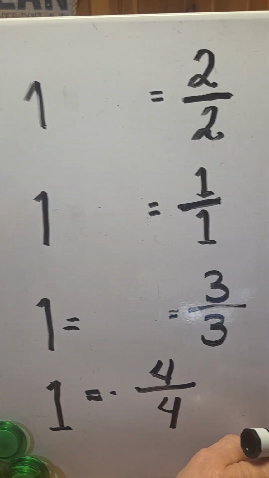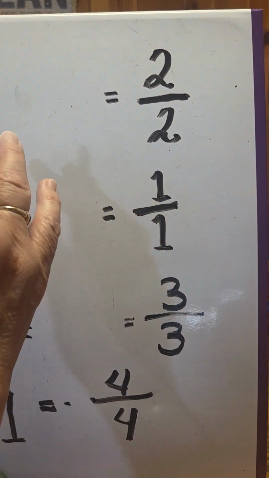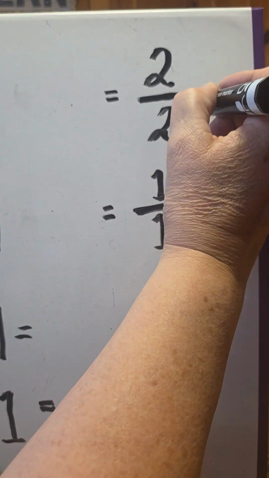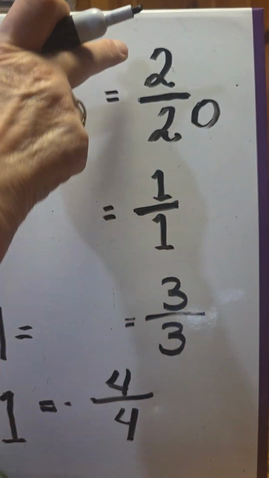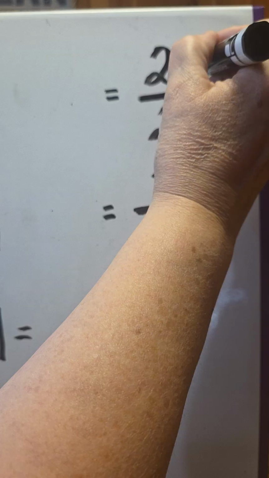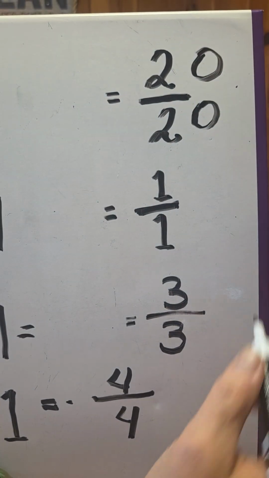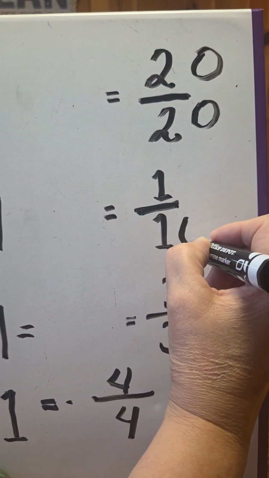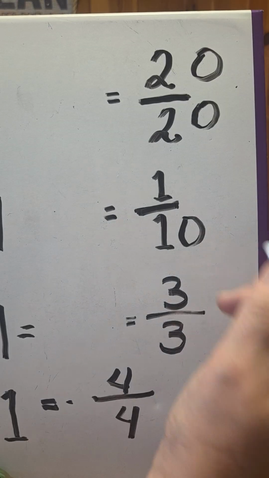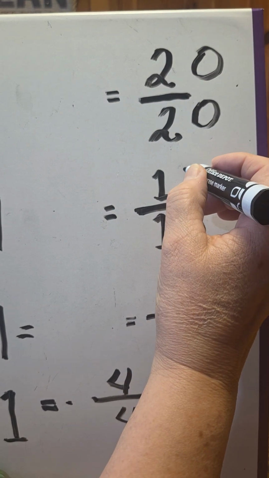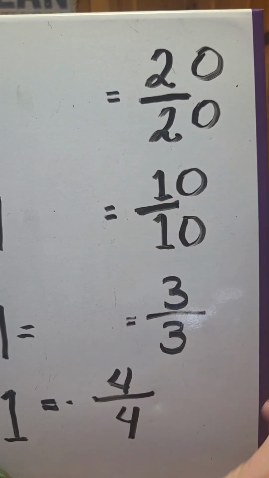Let's go. If this bottom is a 20, then this top is a 20. If this bottom is a 10, then the top is a 10.